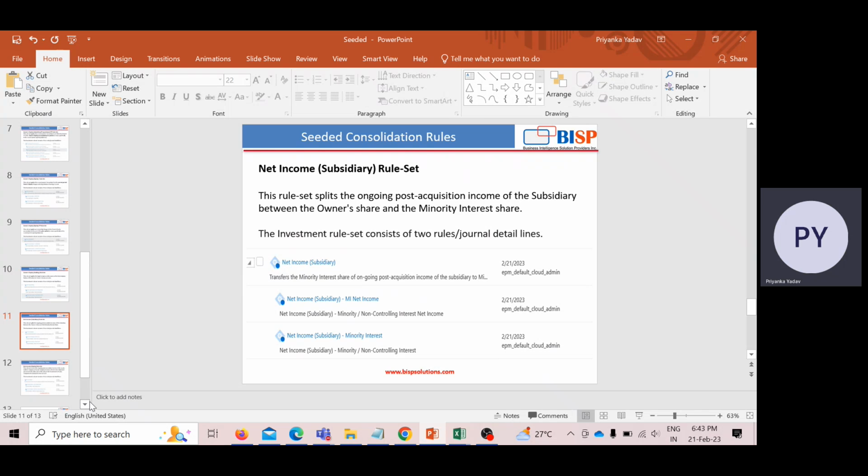Next is net income subsidiary rule set. This rule set splits post-acquisition income of subsidiary between owner share and minority interest share.